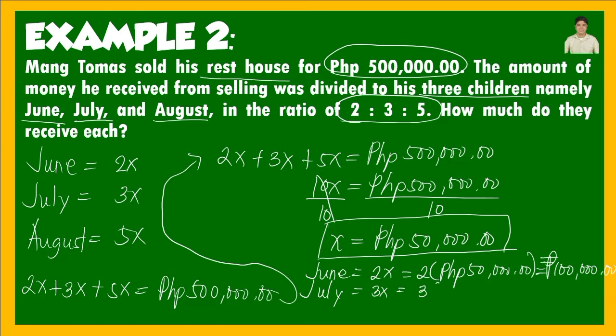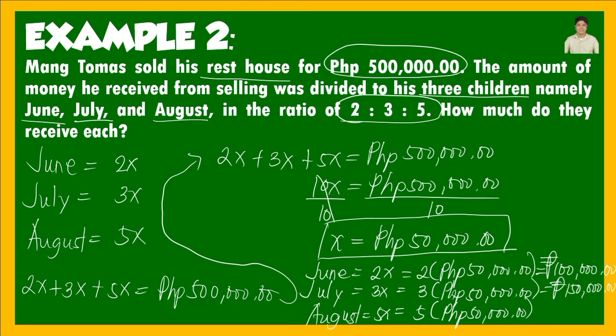So, 3 times 50,000 pesos. Ang matatanggap naman ni July is 150,000 pesos. And then finally, si August, ang pinakamalaking share, so 5 times x or 5x, so 5 times 50,000. Ang kanyang marireceive naman is 250,000 pesos.